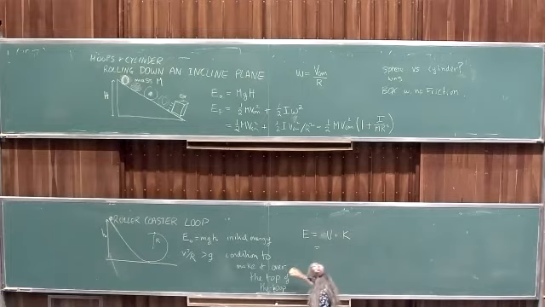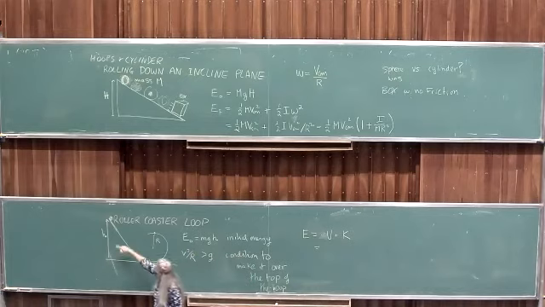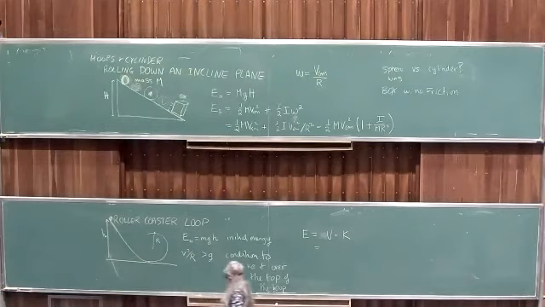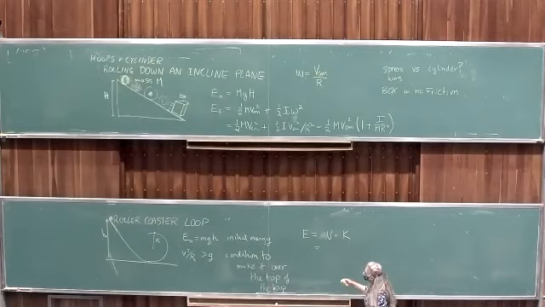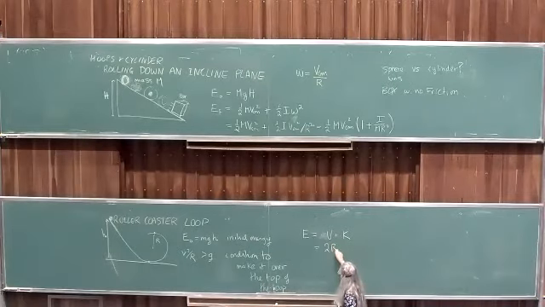If I use potential energy measured from the base, so that I use h, then the potential energy at the top of the loop is 2R times mg, because that's the height from here.